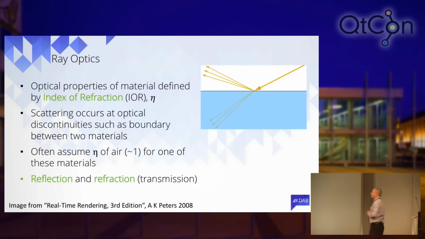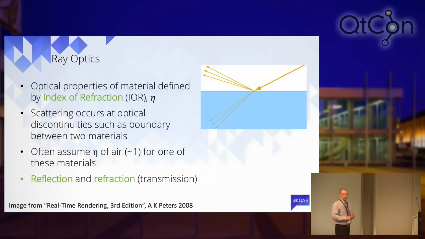Now, if we start to consider ray optics, then materials are defined by their index of refraction, often given the symbol eta. Now, in the picture there, we can see a ray of light, some photons coming in, and hitting an optical discontinuity, a boundary between two materials. So in this case, the top one may be air, the bottom one may be water or glass or wood or whatever, doesn't matter.